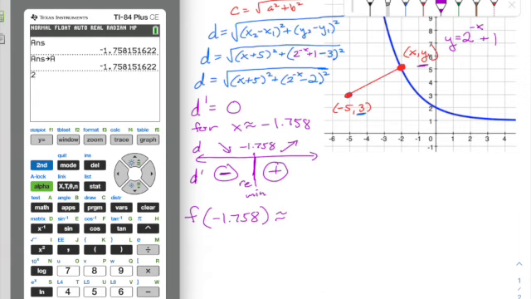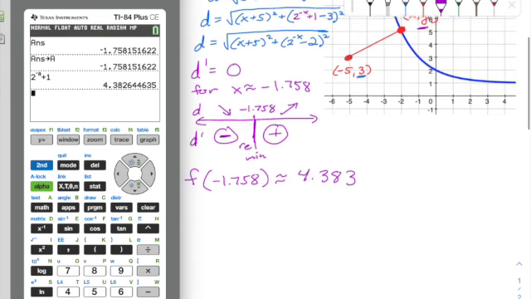So that's going to be 2 raised to the negative, and here's where I'm going to use that a value, so 2 to the negative a, which is really positive 1.758, etc., plus 1. And this way, I know I'm getting the most accurate answer, and that would be about 4.383, and now I can round to 3 places if you like, or truncate, as long as you're accurate to 3 places.